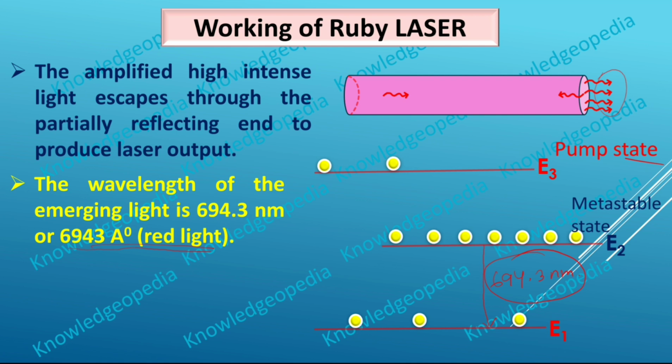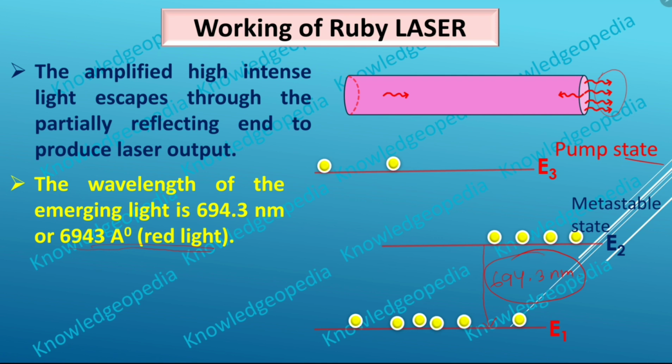But what happens when ions are moving from E2 to E1? After some time, we'll see that the population at E2 becomes less as compared to the population at E1. That means the population inversion does not exist anymore. And once the population inversion is not there, we will not get any output.